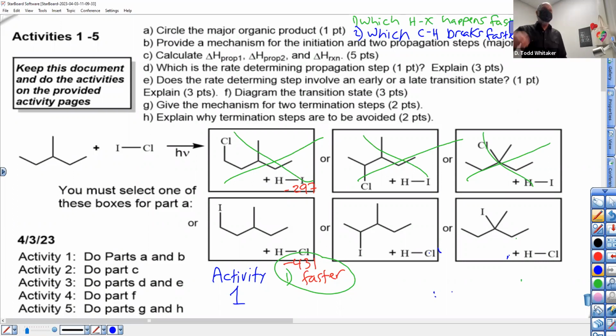Say I'm comparing a positive 340 to a positive 290. Which one's faster? The one that's closer to being exothermic. That makes the sentence that I said earlier relevant now too. The one that's more exothermic is faster? Well, if you've got two endothermics, neither one of them is exothermic. Which one's closer to being exothermic? This one or this one? The lower one.